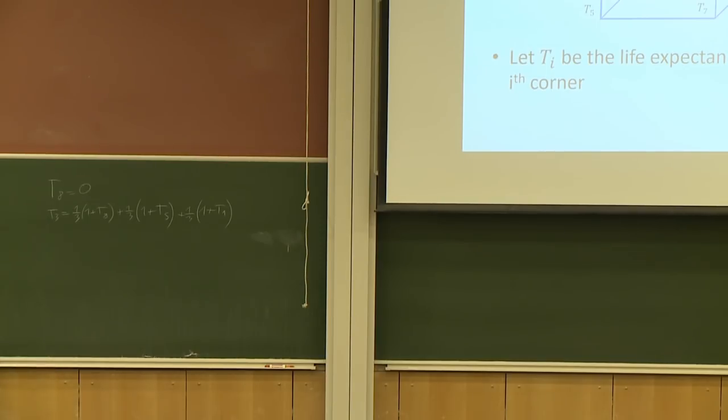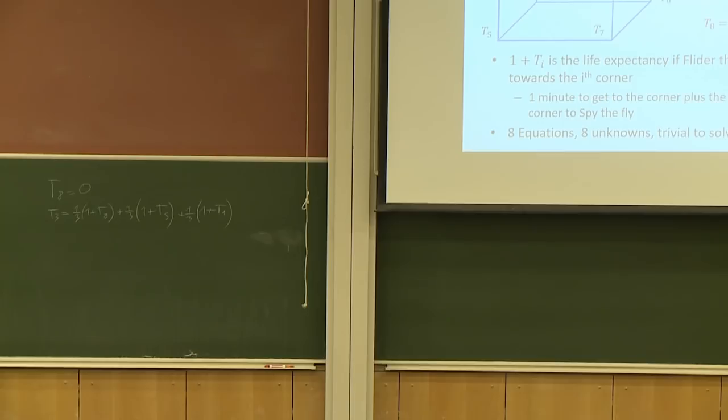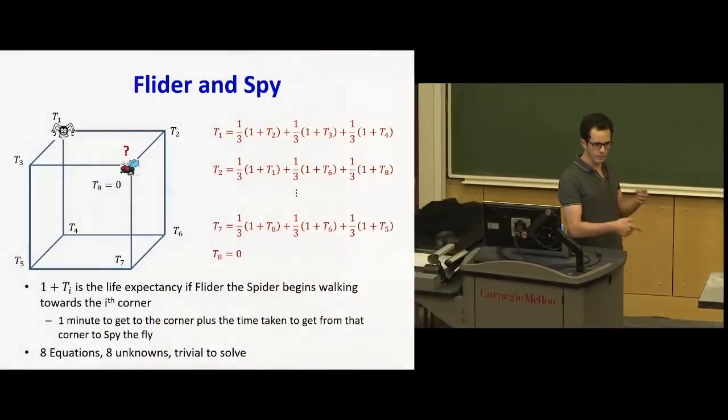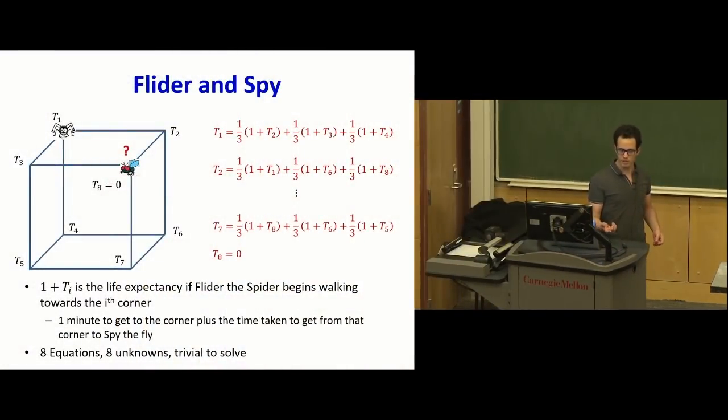One being T8 equals 0. So that becomes a system of linear equations that's perfectly solvable at this point. So once you'd be there, it becomes easy. We're not going to finish and find the actual expectation today. But if you were arriving at that point, you could do it.